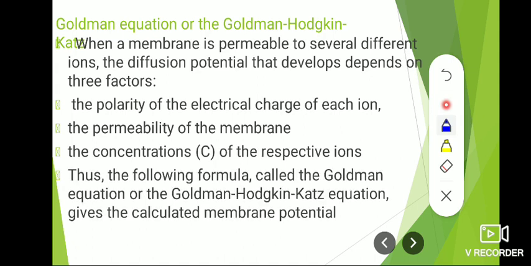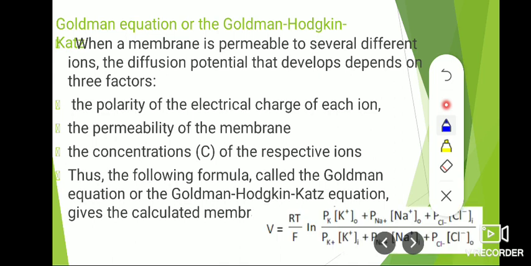Now, based on this, we can find the membrane potential across the cell membrane at rest for any cell based on the concentration of sodium, potassium, chloride across the cell membrane. So this is the formula to find the membrane potential for any particular cell.